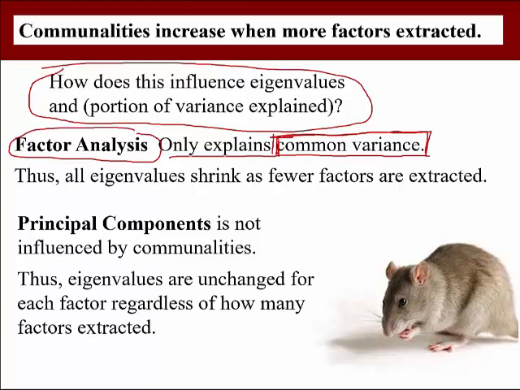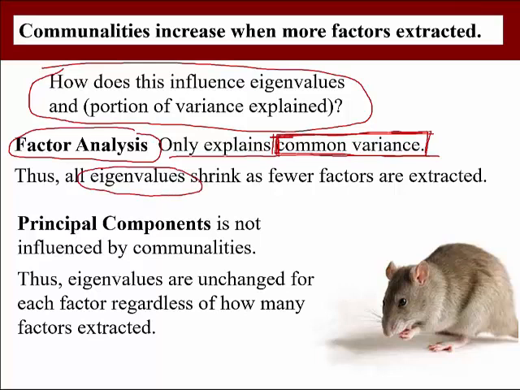And so if you have communalities that are low, it will assume that there's a whole lot of measurement error and that there's not a whole lot there to explain. As your communalities increase, it will assume that there's less and less measurement error and there's more to explain. And so if it's only explaining the common variance, that means when your communalities are low, you're going to have smaller loadings and smaller eigenvalues.